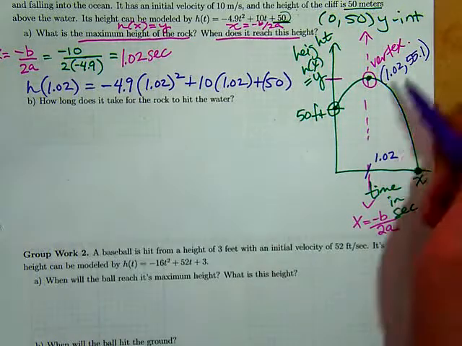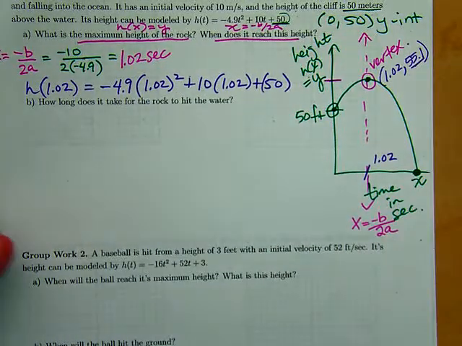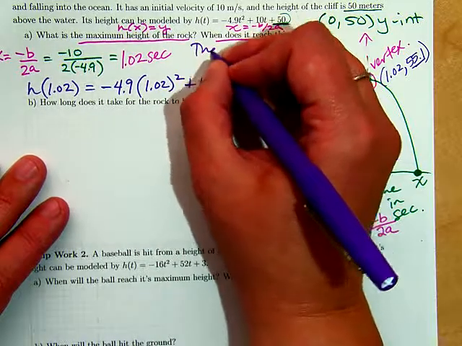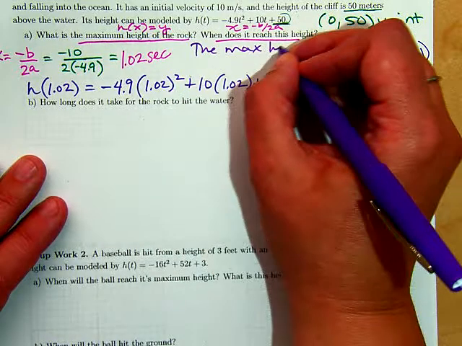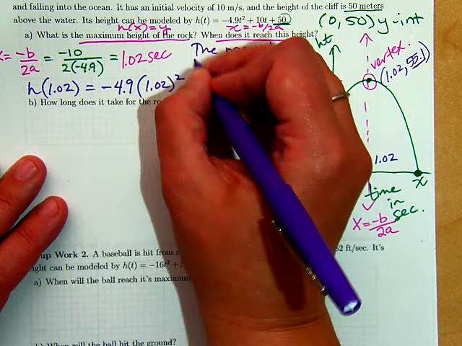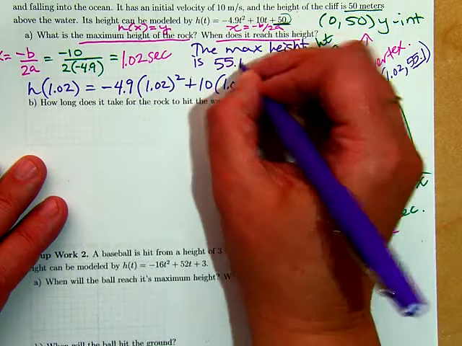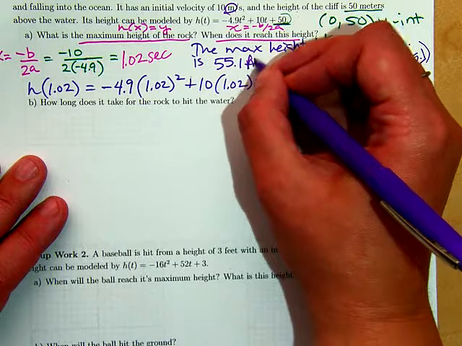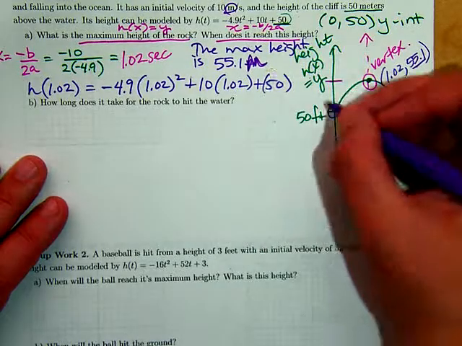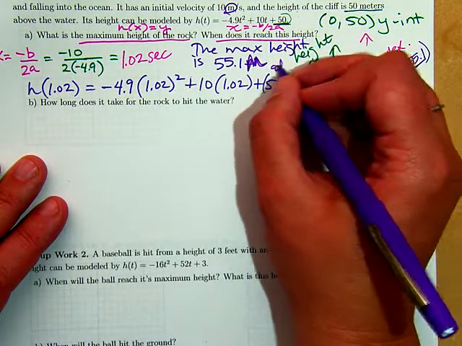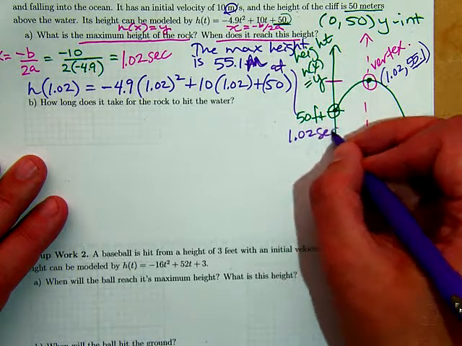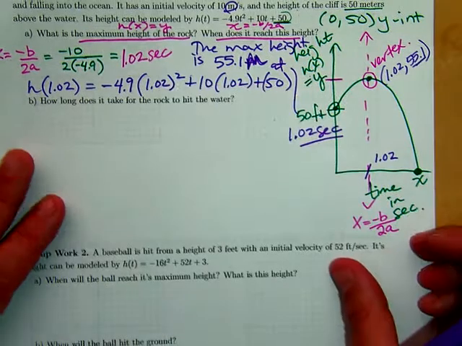So your height then is, and we could answer that question in a sentence: the max height is 55.1 meters. It's measured in meters, height in meters, at 1.02 seconds. Because it asks when does it reach it.